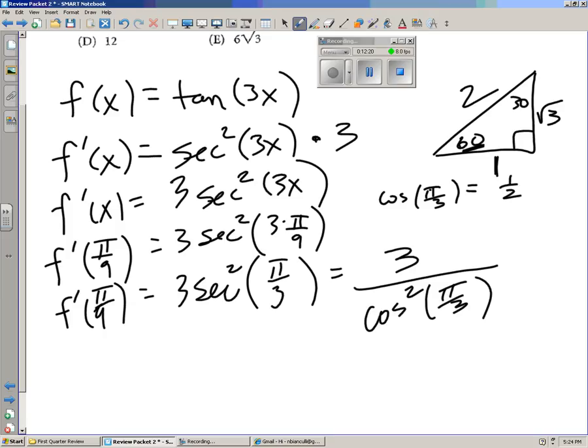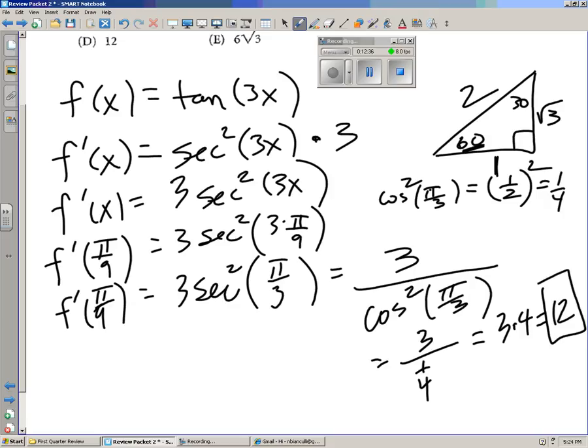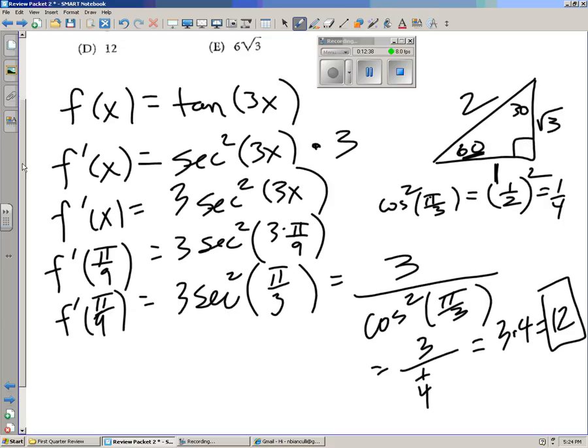Well, we need to square that. So cosine squared is 1/2 squared, which is a quarter. So now we get 3 over a quarter, which when you divide by a fraction, you multiply by its reciprocal. So we're going to do 3 times 4 over 1, or 3 times 4. Final answer should be 12. Choice D.